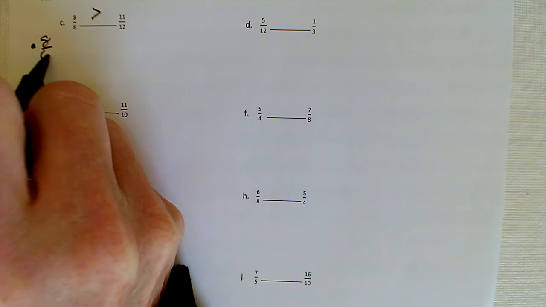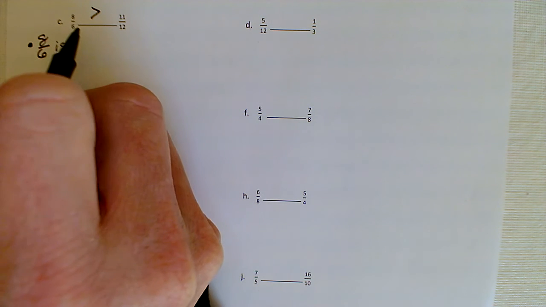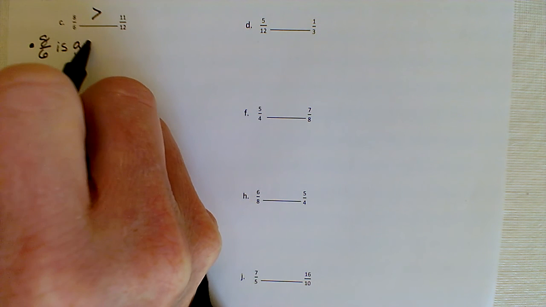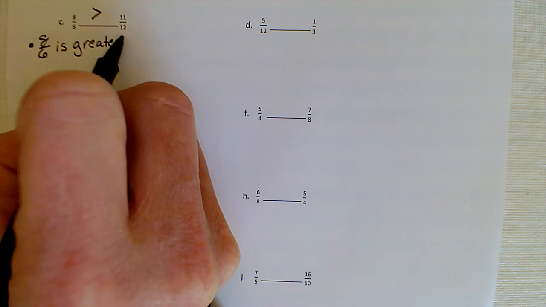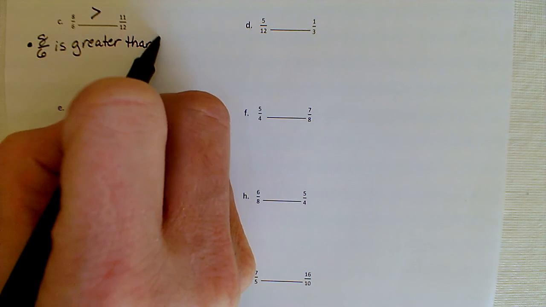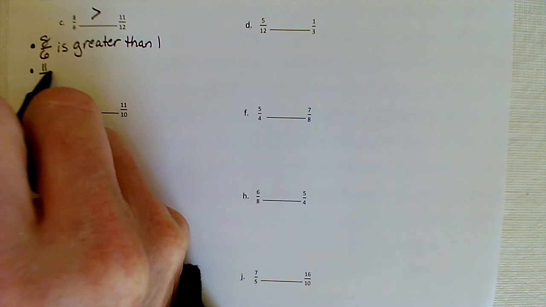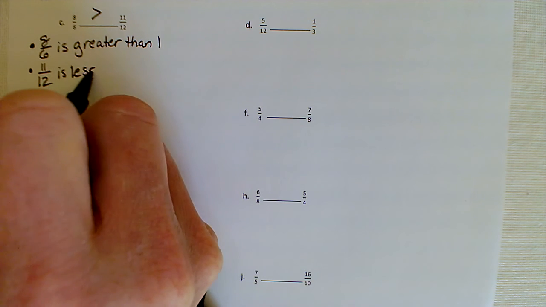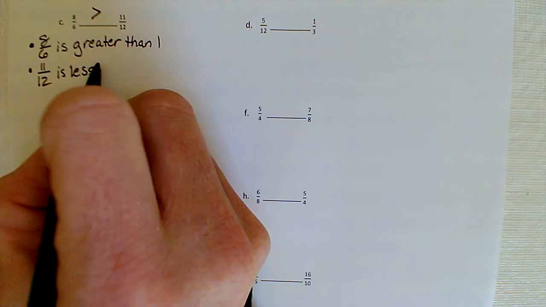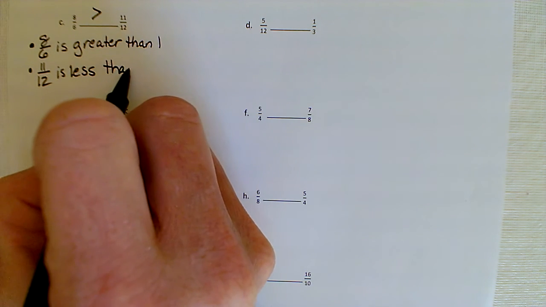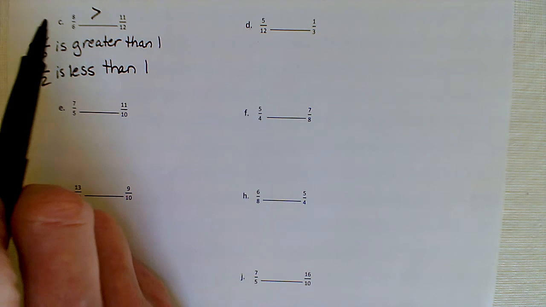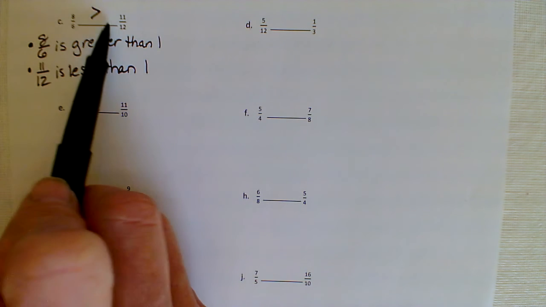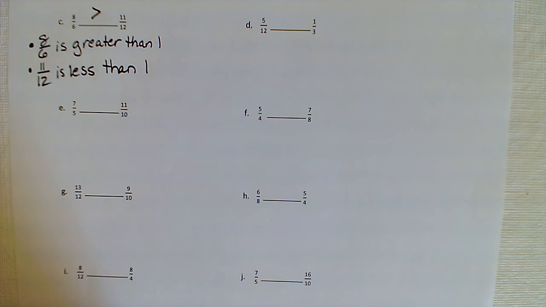So I can say 8/6 is greater than 1, and I can also say that 11/12 is less than 1. And you could have said more, smaller. This is a nice easy problem because this is greater than 1, this is less than 1. I know which one's bigger. So that would be a super easy problem to do.